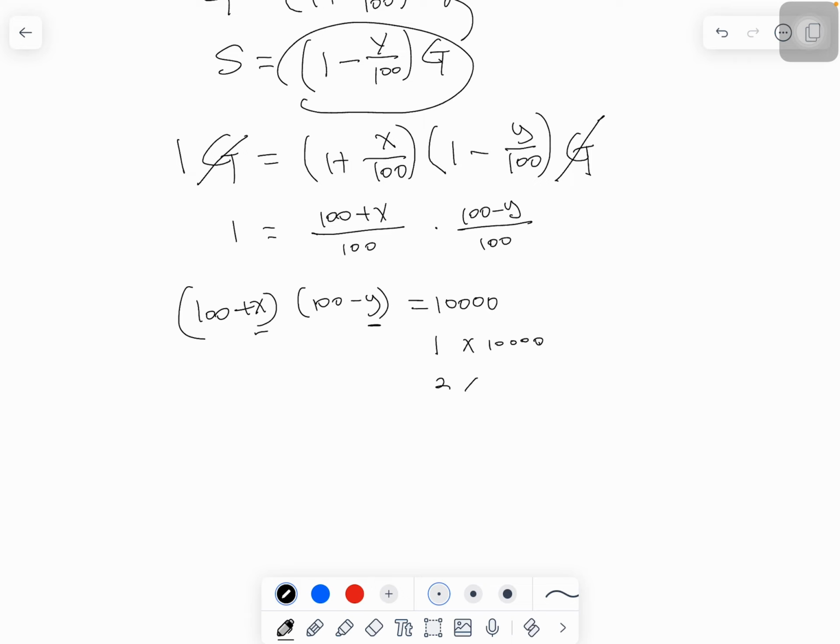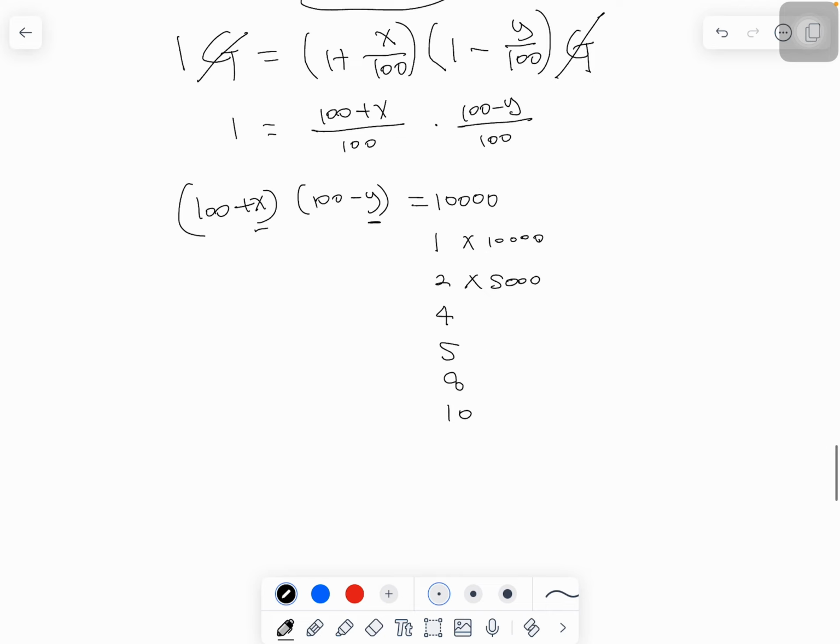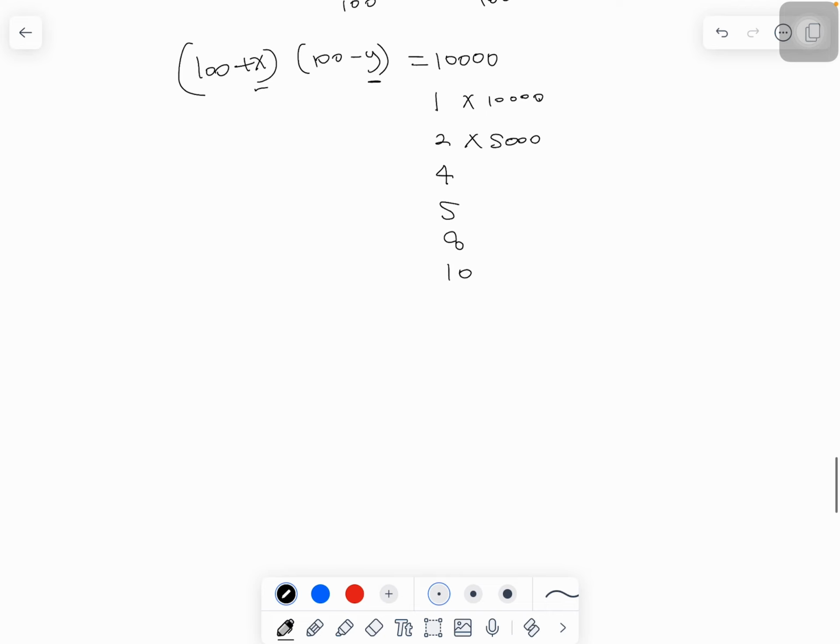And 2 times 5,000, there's no 3, 4, 5, 6, 7, 8, 9, 10, something like that. But this is a good way to find the pairs. But what if we miss something? So this is not a very good way of finding the pairs.